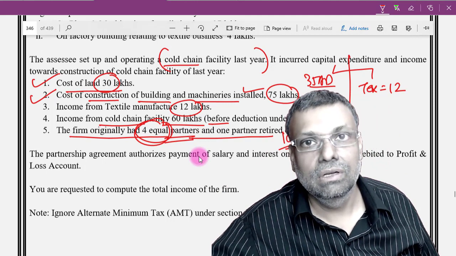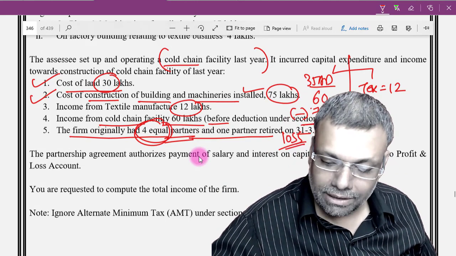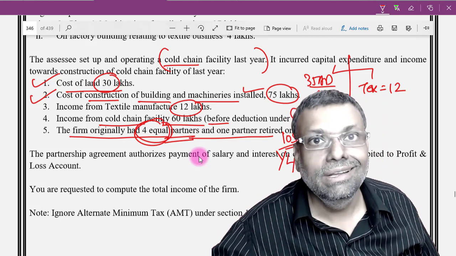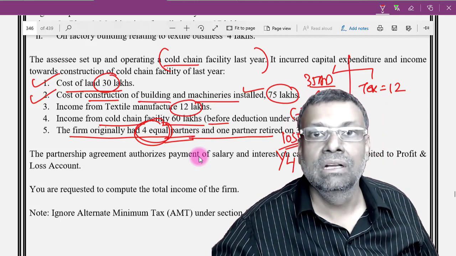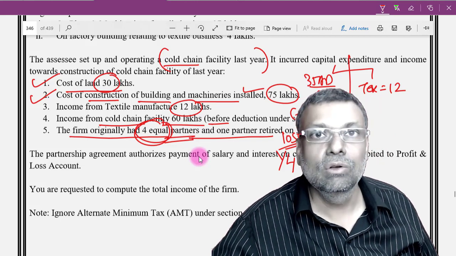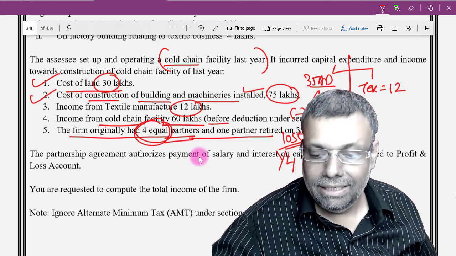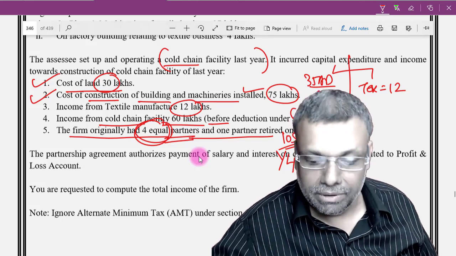Okay, so in the given situation, the net figure only I will use for the sake of calculation. 4 equal partners, that means 1/4. Nothing shall entitle the firm to take the advantage of these particular provisions. Okay, and 1/4 of 15 will be disallowed for carry forward set off in the preceding year.